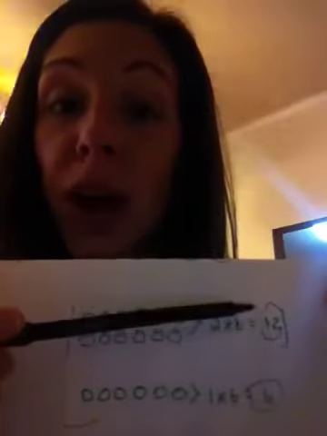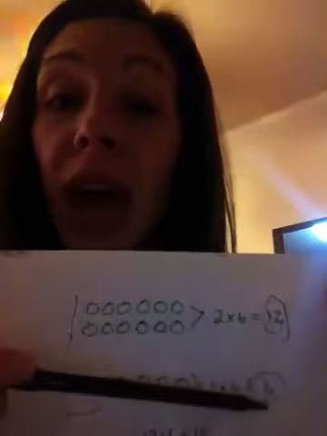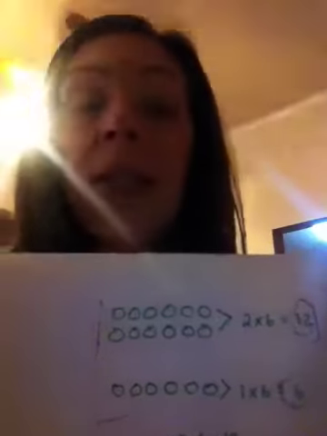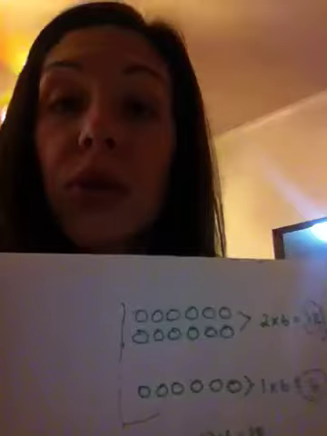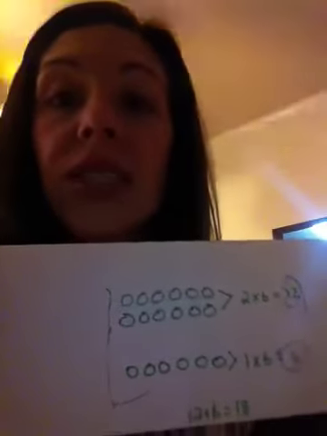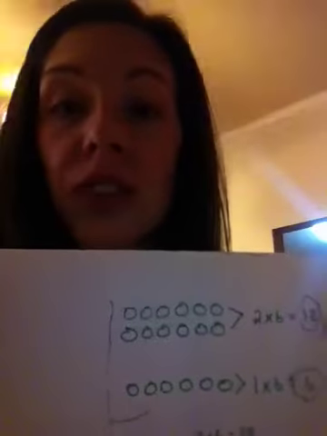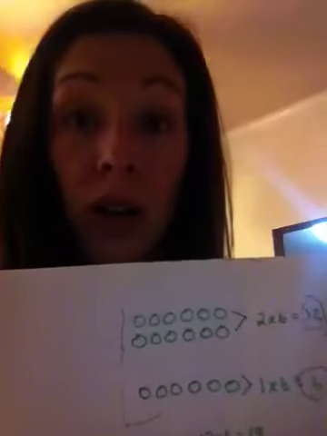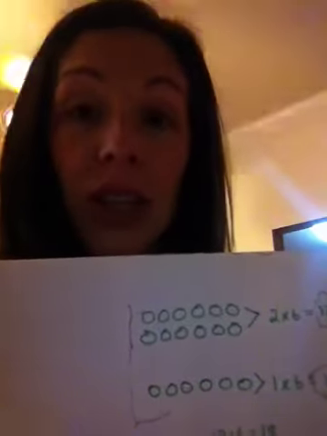These are partial products. But when I add them together, I get my 18, which is the total product. This is just one way you can break up a problem. As we move into 4s and 5s and 6s, it's not always going to be a 2's fact and a 1's fact. The 2's facts and the 1's facts work for when you're using 3 as a factor.